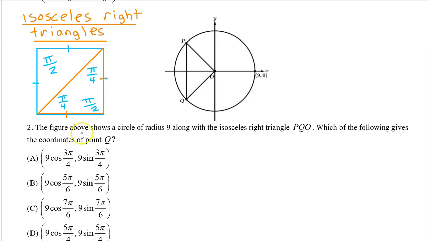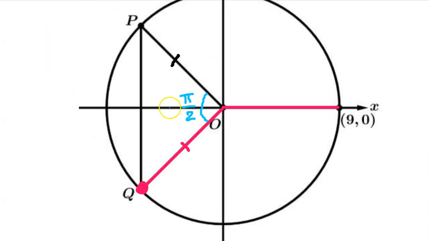Number 2. The figure above shows a circle of radius 9, along with the isosceles right triangle PQO. Which of the following gives the coordinates of point Q? Once again, we just need to figure out the measure of angle theta in standard position, with terminal ray passing through point Q. Because this is a right triangle, we know that this angle right here is pi over 2, but this angle is being split right down the middle.